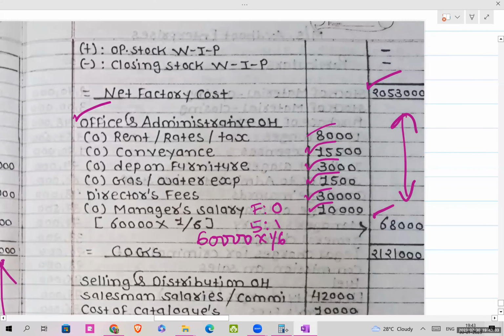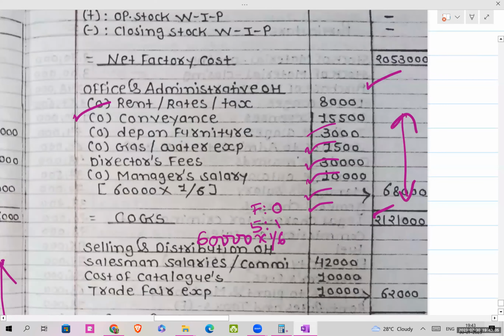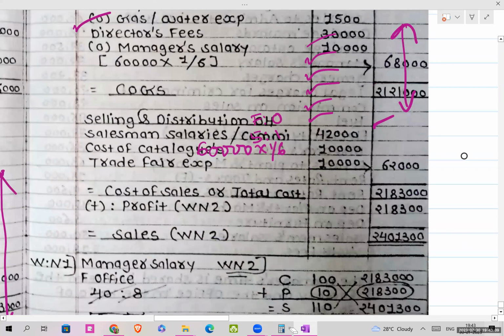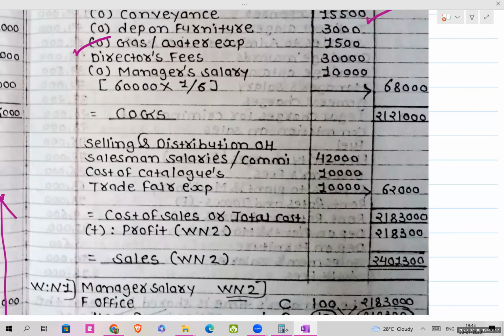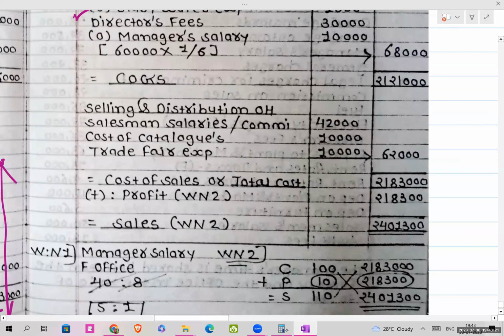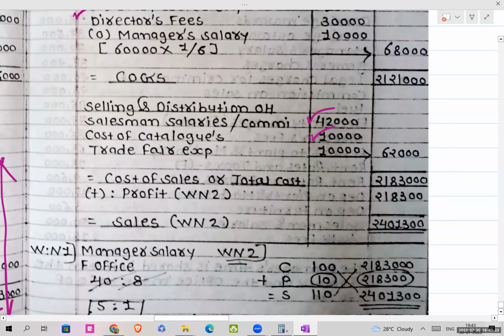Once I get this, I'm going to add my selling and distribution overheads. Under selling and distribution overheads, I have 1, 2, 3, only 3 expenses.